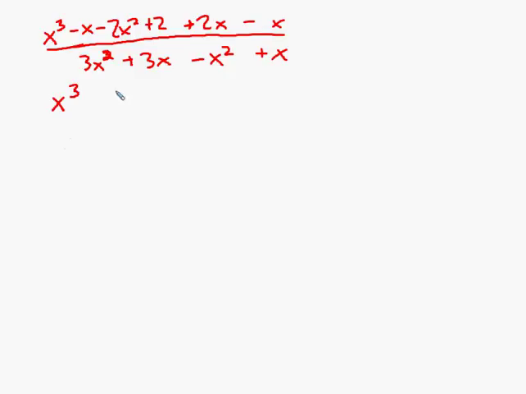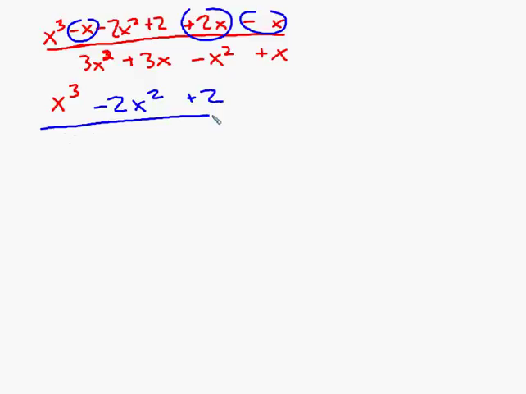We'll combine our like terms. I see an x cubed, nothing like that, but I do have an x. Looks like these all are going to cancel each other out. And then, let's see, at the bottom I have 3x squared.